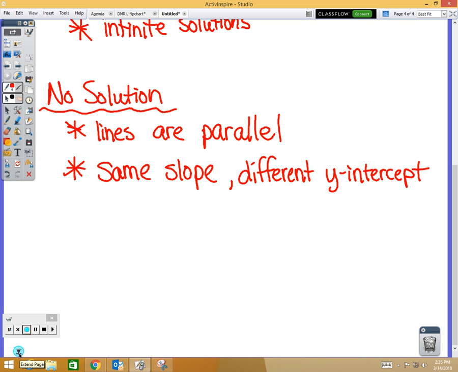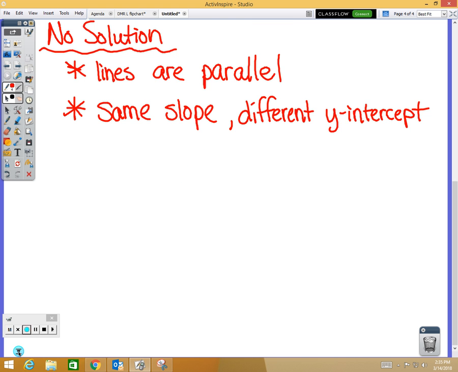So let's do an example that would be considered no solution. If I gave you the system y equals 2x minus 1 and 3y equals 6x minus 5. Right now we can't really tell what the slope is in the second equation until we do what?